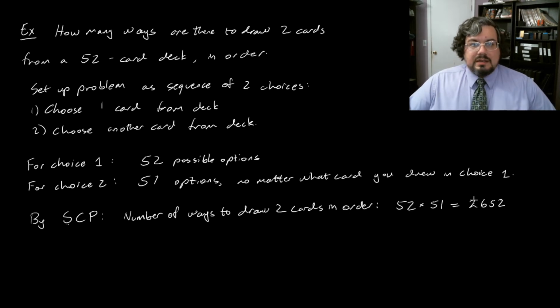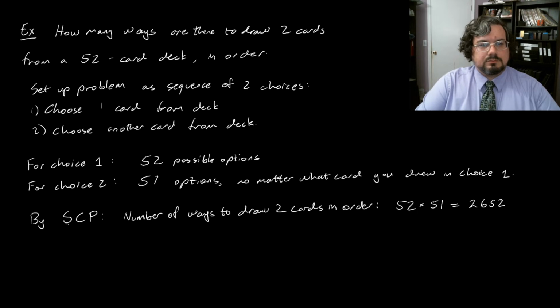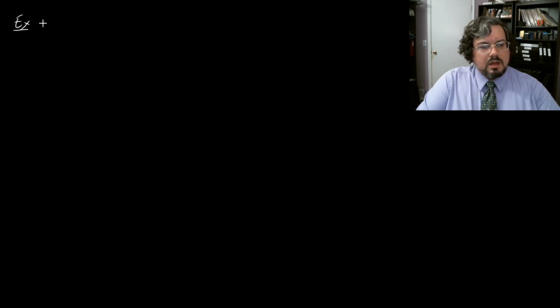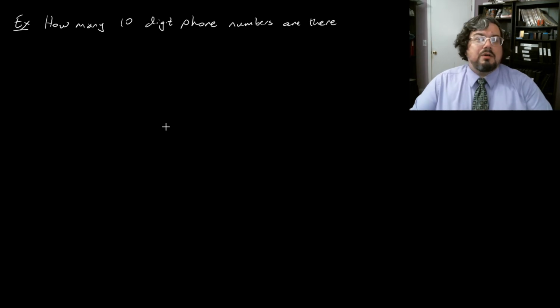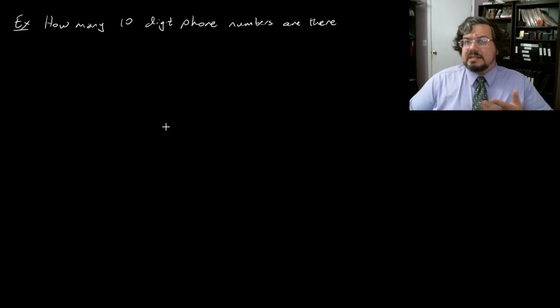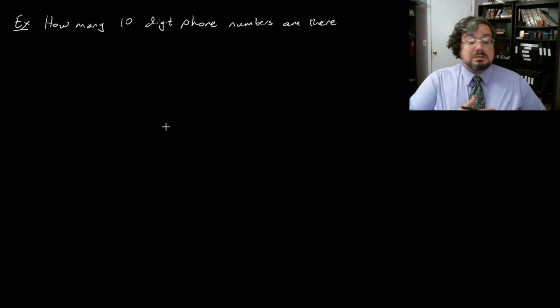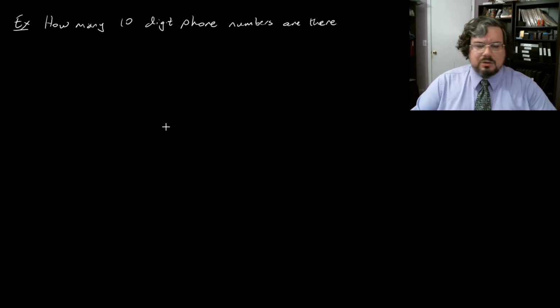All right, let's see another example where we have more choices to make, but fewer options in each one of the choices. Let me ask, how many 10-digit phone numbers are there? Now, if I just ask this question, this would be a little bit too easy. So let's impose some realistic restrictions on this, because not every conceivable phone number is actually going to show up.